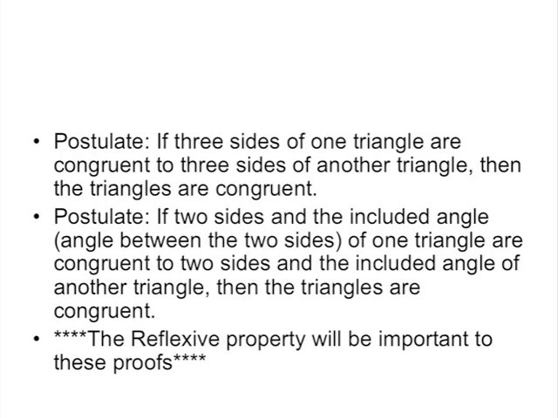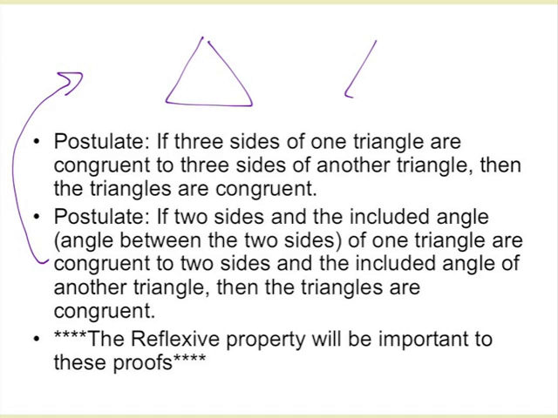Our second postulate says if two sides and the included angle. So a picture will probably be helpful for you on this to know what that means. So when we're talking about side, angle, side, we've got two triangles that have two sets of sides that match up. And then it says the included angle. The included angle is the angle between the sides that we know about.